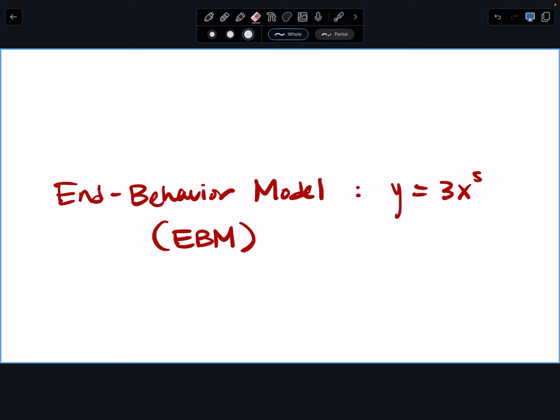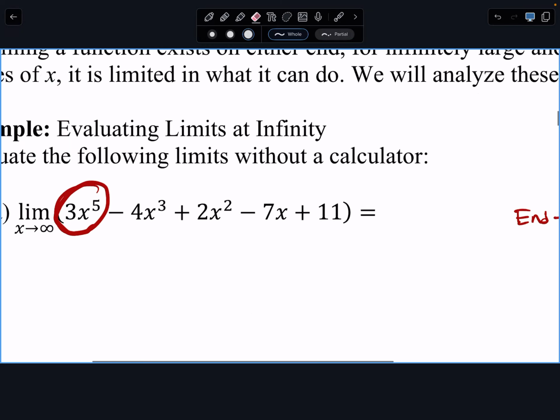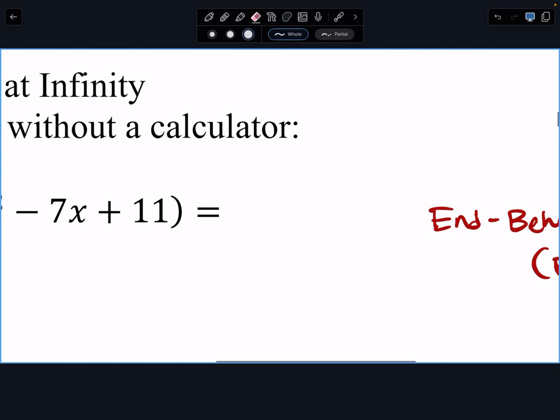They're getting bigger and bigger. And then if you multiply those bigger and bigger values by 3, they're continuing to get larger and larger and larger, meaning that this function that has similar end behavior, the limit will be equal to positive infinity.